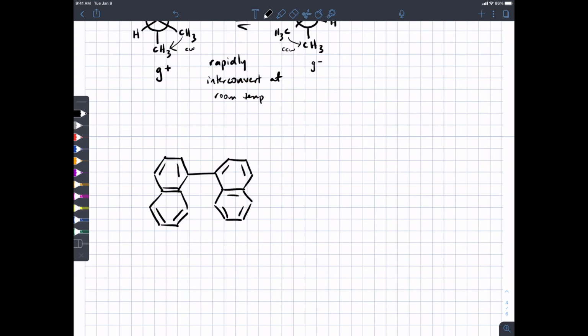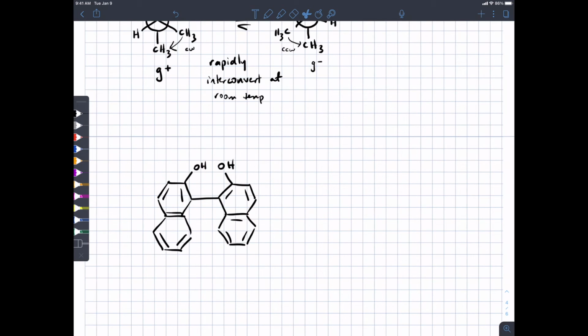But this thing has all kinds of conformational problems because if it was planar, you'd have groups bumping into each other. And to make matters worse, there's also an OH group there and an OH group there, and those would bump into each other. So this molecule actually has two possible enantiomeric forms.